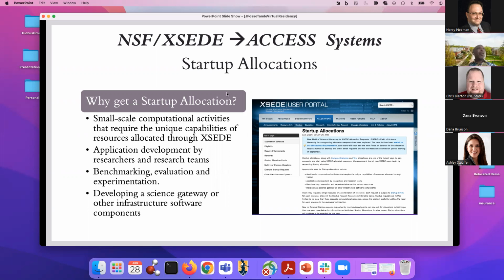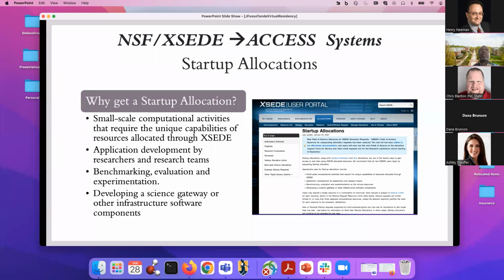So why would you need to get a startup allocation? You have small scale computational activities that require the unique capabilities of resources allocated through XSEDE. So it's small scale, you need to start somewhere. Application development: if you're developing an application, you need to test and run it, and maybe you want to test your application on HPC and you don't have it, you want somewhere to test that application, you get the startup allocation.